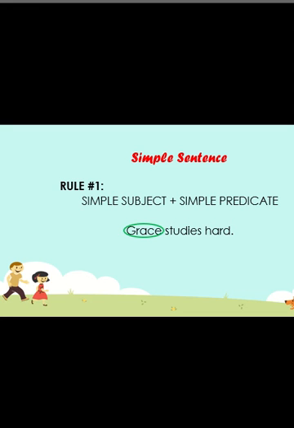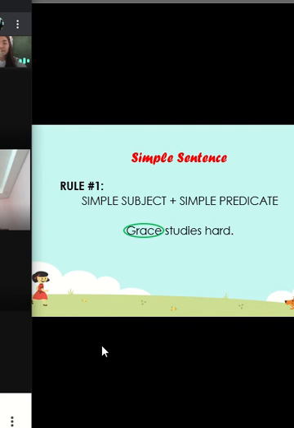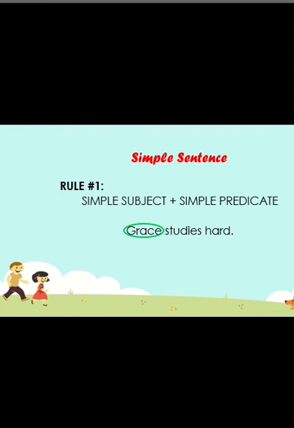Is Grace only one? Isa lang ba si Grace? Thumbs up kung isa lang si Grace. Okay, very good. Iisa lang si Grace. And what is the predicate? We have studies hard.